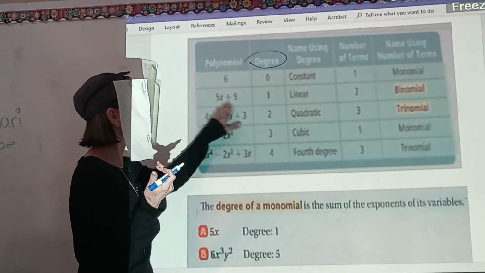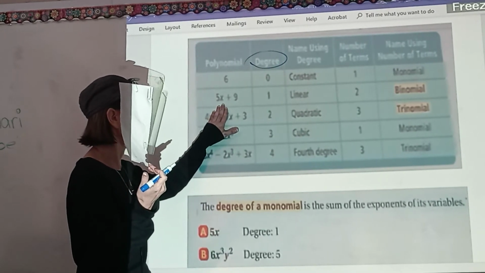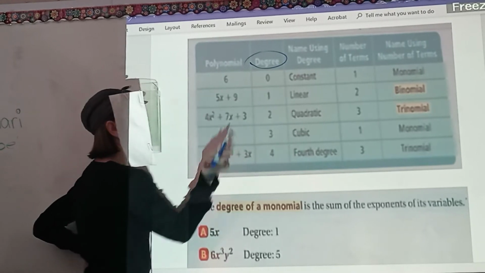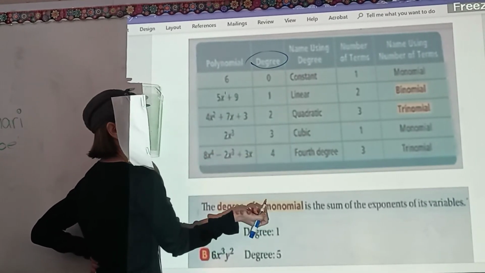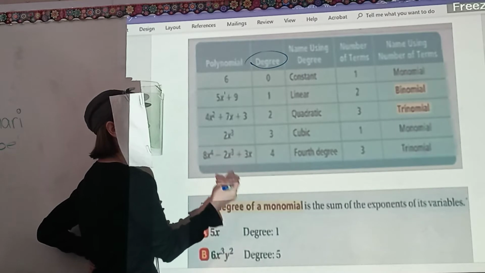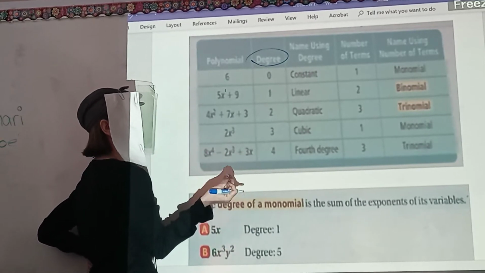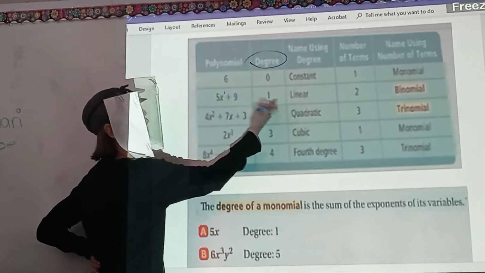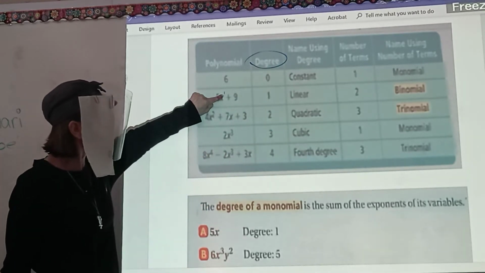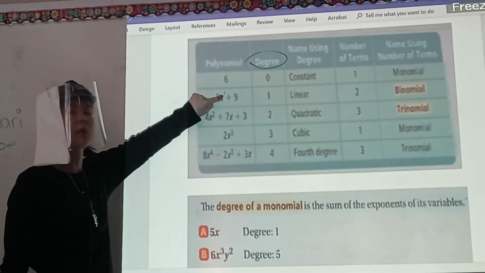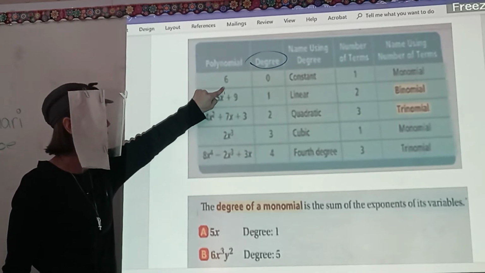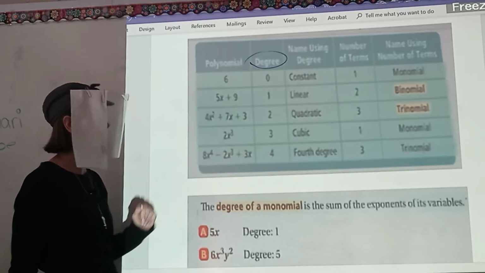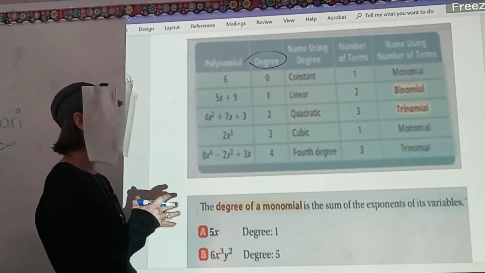Now we have this binomial, 5x plus 9. There's only one variable here, and even though it's not there, you know there's a 1 there. We're talking about the exponent of the variable, so the degree of this binomial is 1. You just need to know that the degree is 1.